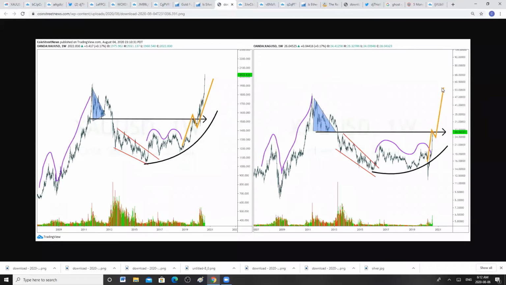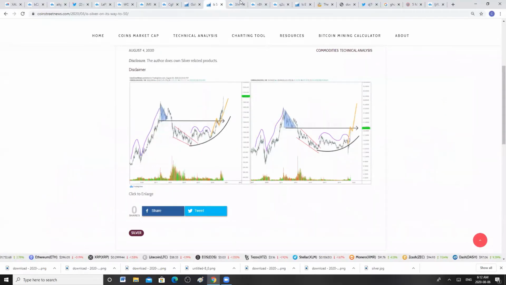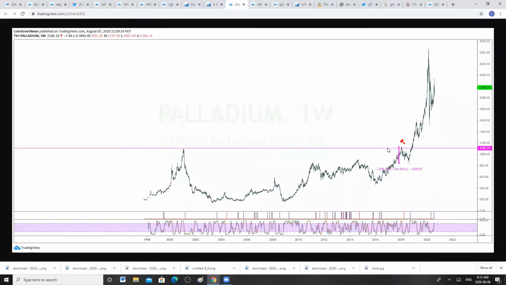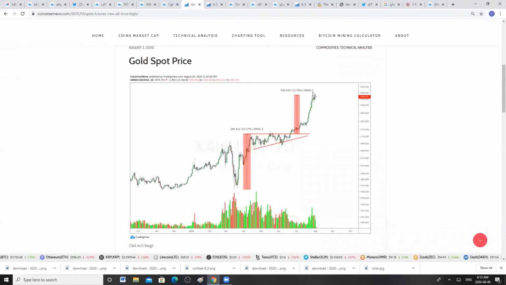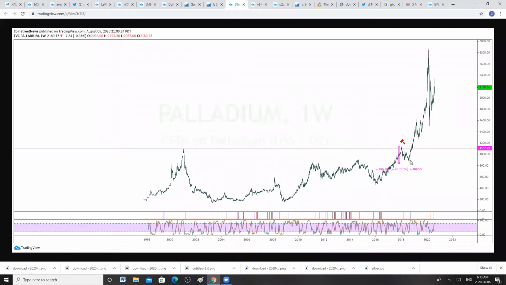So why shouldn't silver go to a new all-time high if gold is doing it, and platinum did it? If we look at platinum as a possibility for what gold could do, it passed all-time highs and then came back down before going absolutely crazy.